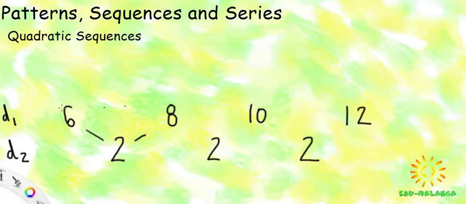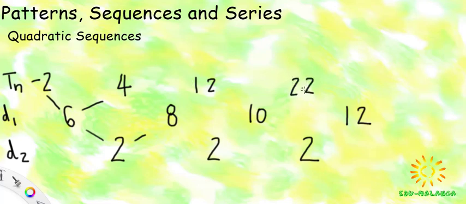From here, we then get our sequence, which will be Tn. The same notation that we've been using for all other sequences, and we'll pick first term, for example, negative 2. So negative 2 plus 6 gives us the term 4. 4 plus 8, that's equal to 12. 12 plus 10 is 22, and 22 plus 12, that's 34.